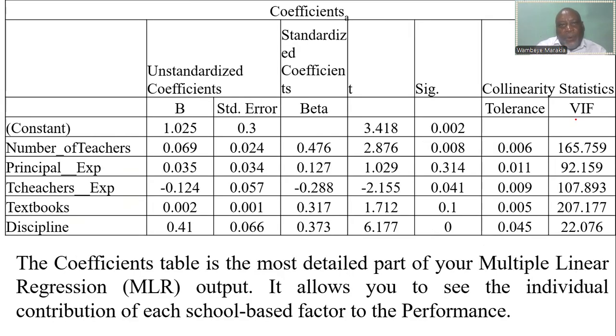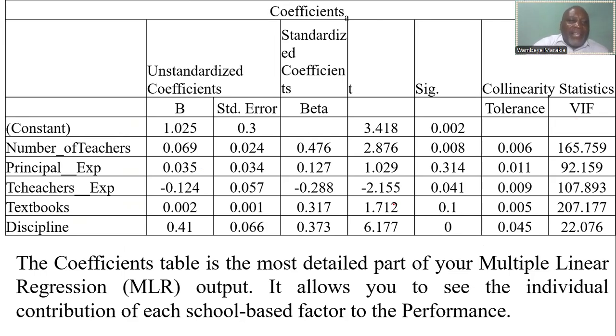Now here, we move on, and we have the last table. This is a very important table. It's called the coefficients table. This is the detailed part of your multiple linear regression output, and it allows you to see the individual contribution of each school-based factor.